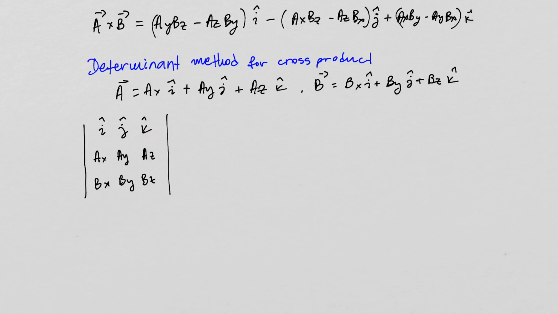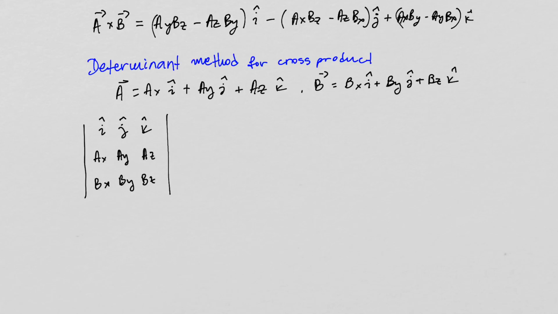The second row has the components of vector A, so ax, ay, and az. The third row has the components of B, bx, by, and bz. So now I can decompose this into the sum of 3 two-dimensional determinants. Here is how this is done.